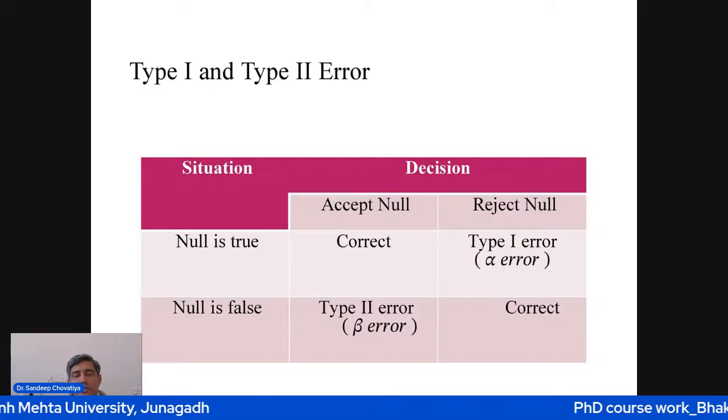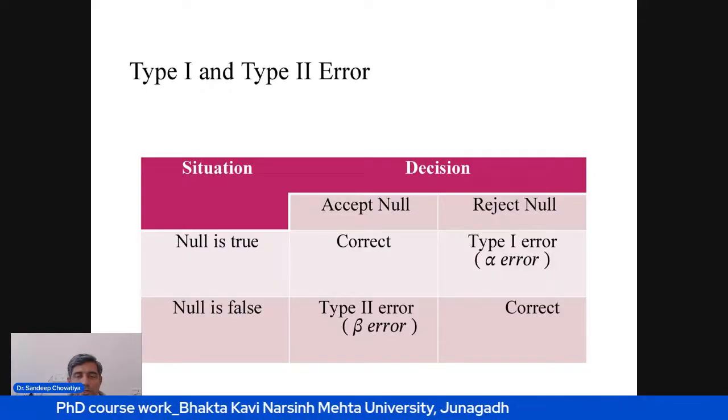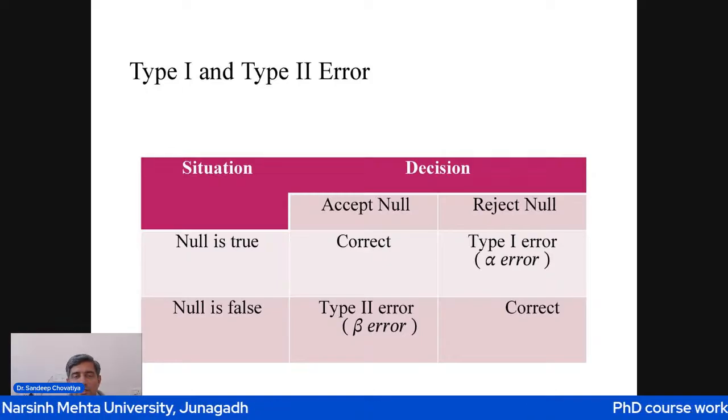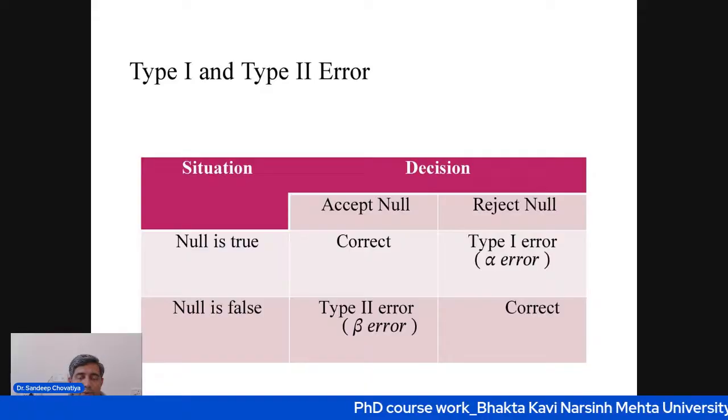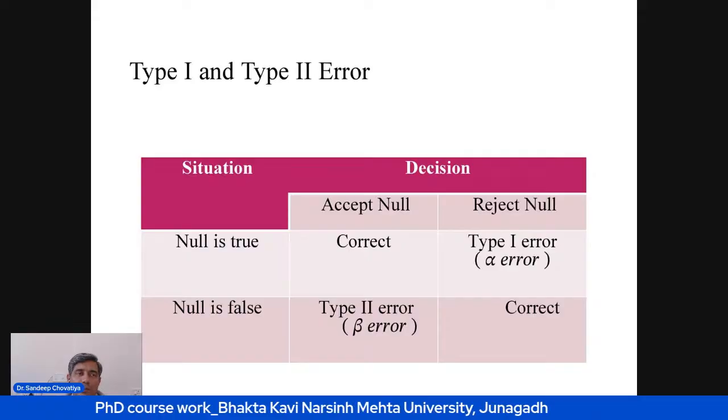If the null hypothesis is false and we accept it, that is a very dangerous error, known as a type 2 error, which is the most dangerous error. And if we reject it, then our decision is correct. So the type 1 and type 2 errors play an important role in the testing of the null hypothesis.